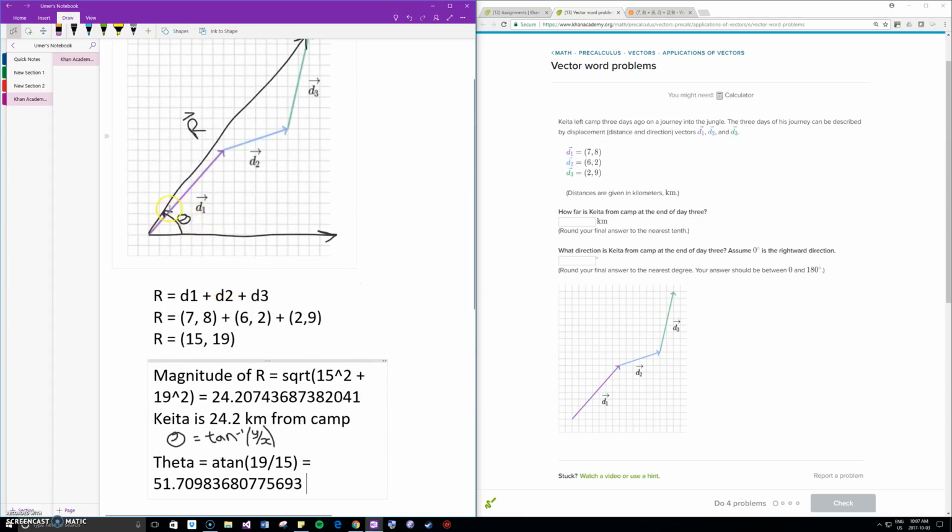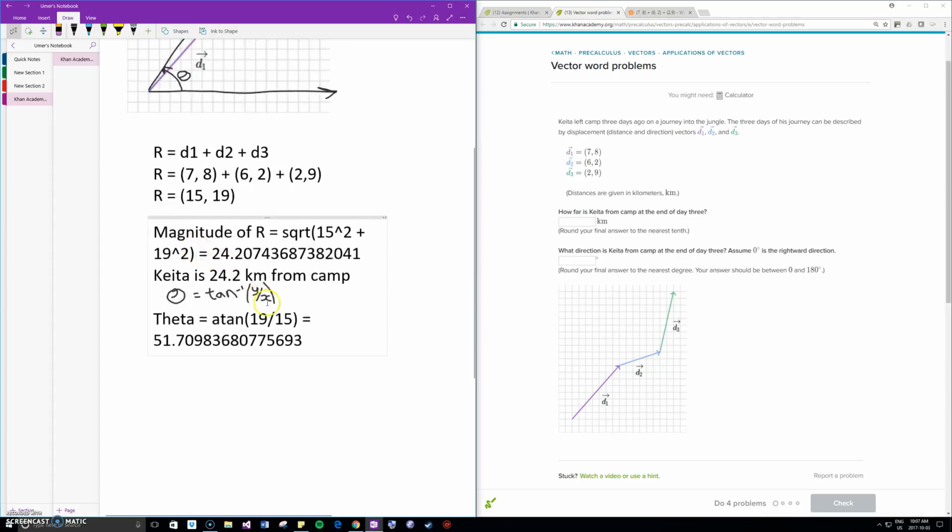It looks like 51 point something degrees. So Kader is at 51. Round your answer to the nearest degree. So 52 degrees from camp.